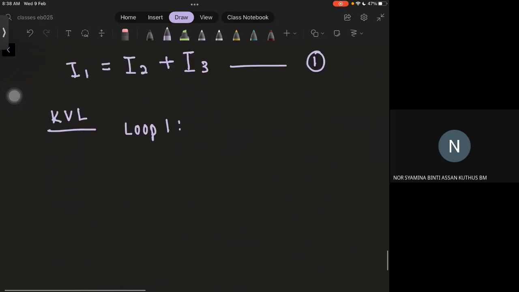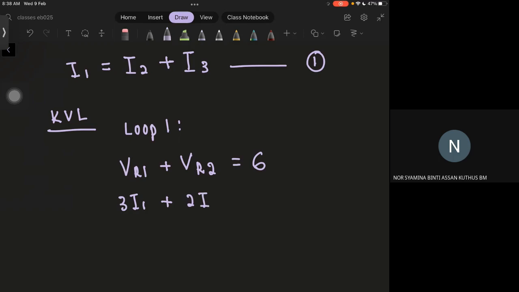Okay, so loop 1 dekat sini, VR1 plus VR2 equals to 6. So kita substitute masuk macam tadi. 3I1 plus 2I2 equals to 6. So ini akan jadi our equation 2.